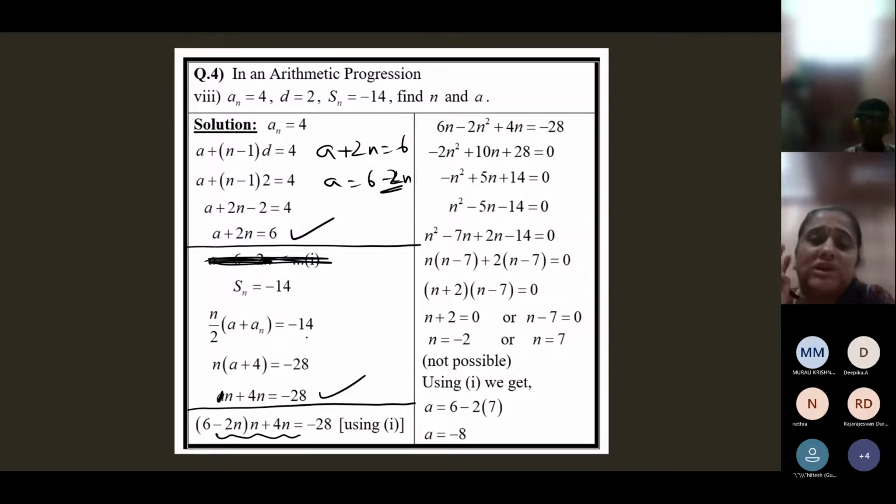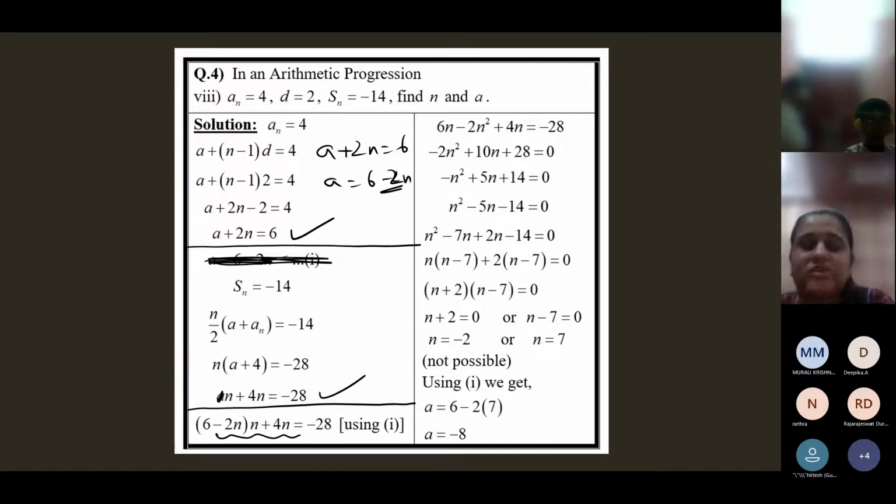So when you have two equations with two unknowns, like here a and n, and you are not able to solve it by the elimination method or the cross multiplication method, you can always solve it by the substitution method. What should you do? Take any one equation, write one variable in terms of the other, like here a in terms of n.